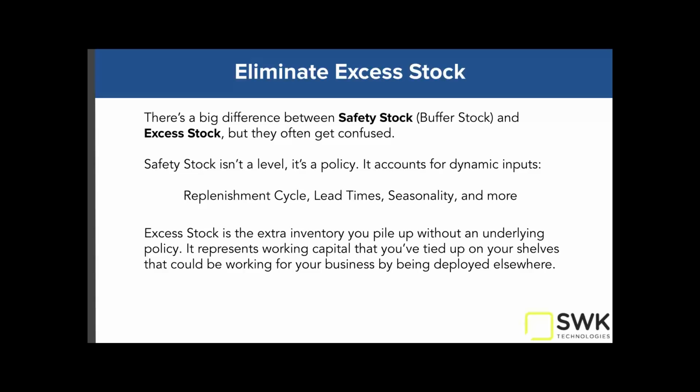So as I understand those things, I can have that policy, have a clear setting for what that buffer or safety stock needs to be. And then I know anything above and beyond that is what I would classify as excess. It's that extra inventory that you tend to pile up without policy. It just sort of happens, right? If you don't pay attention to it, you just overbuy and you think you're doing the right thing.